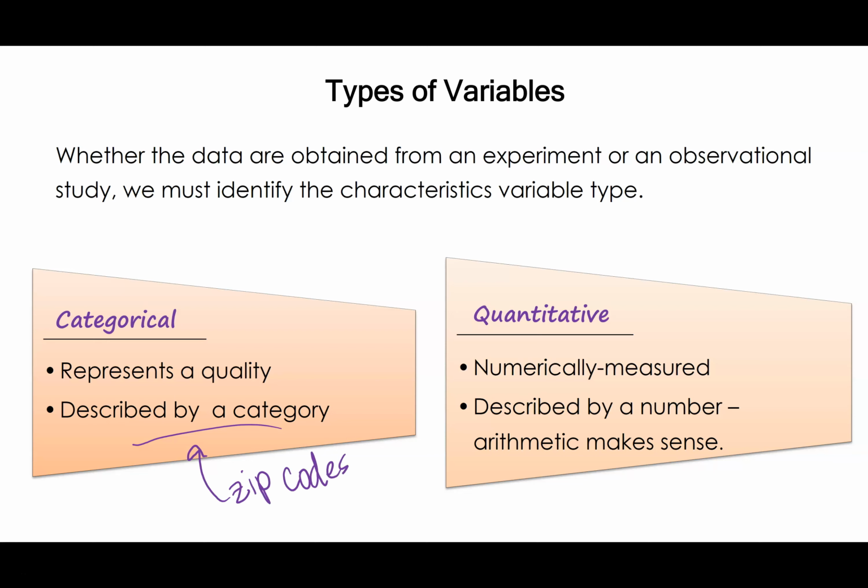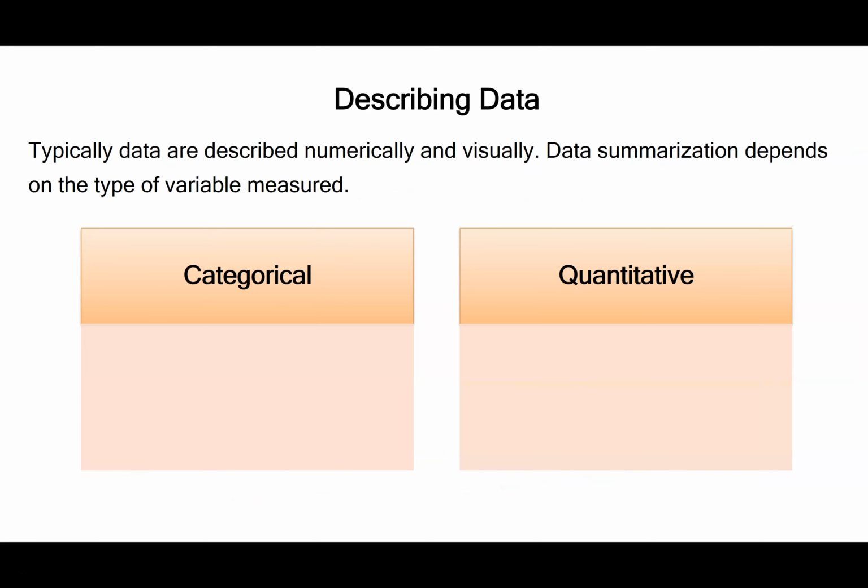While they're numbers, they really correspond to categories, to actual places, so it would be categorical. They're numeric, but they don't make any sense to average. So in this sense, if you had heights or weights or distances or pretty much any sort of quantitative feature, you have yourself a quantitative variable.